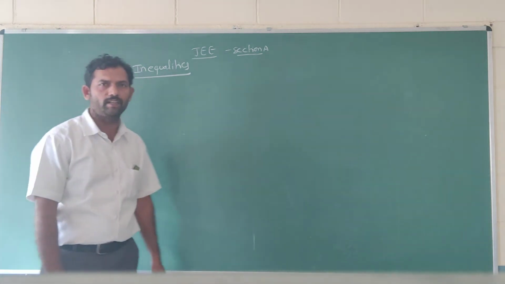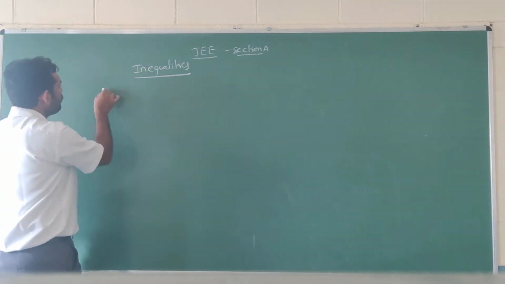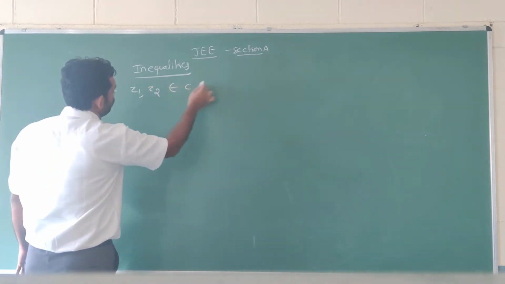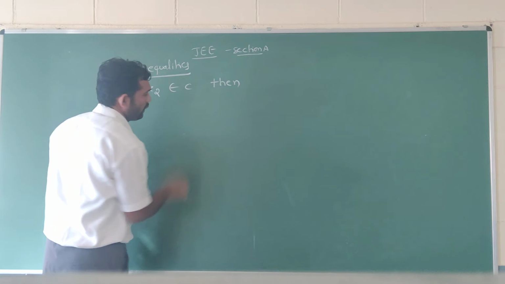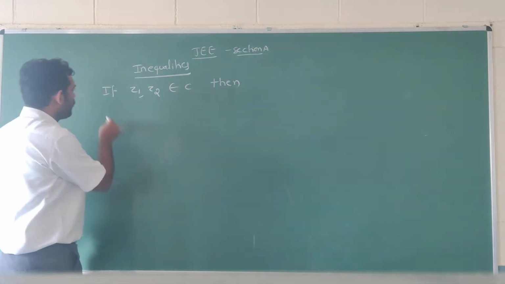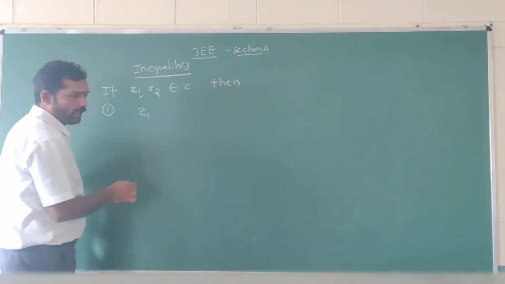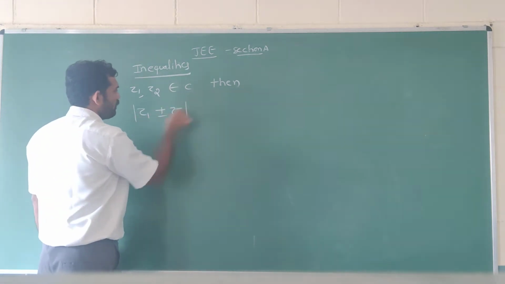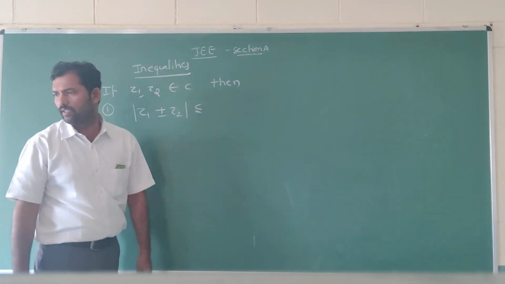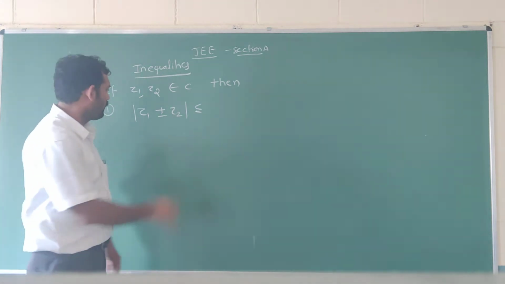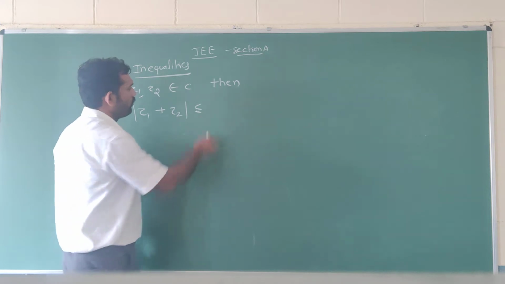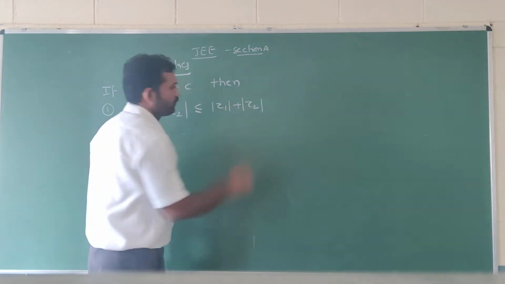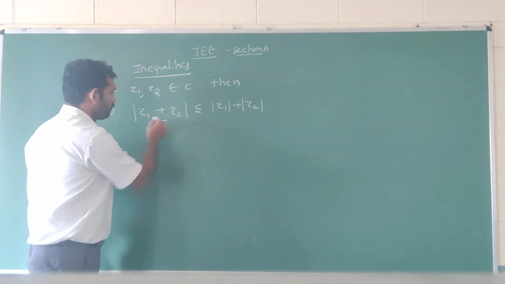So the first inequality is, if Z1, Z2 belong to complex numbers C, then first one: modulus of Z1 plus or minus Z2 is less than or equal to modulus of Z1 plus modulus of Z2.